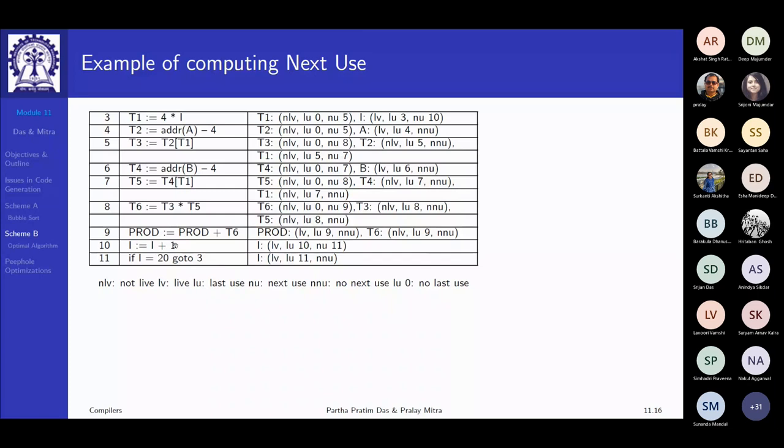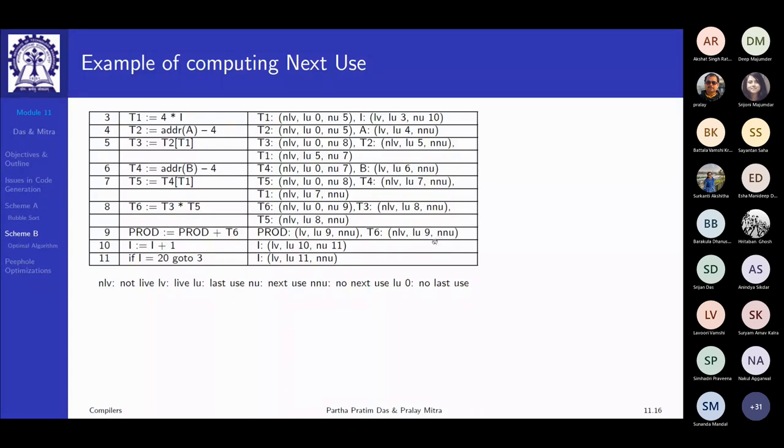I go backwards again. Now I have T6 and prod. Coming from the end, I have not yet encountered prod or T6 so far. So both of their next use is not there, so no next use.